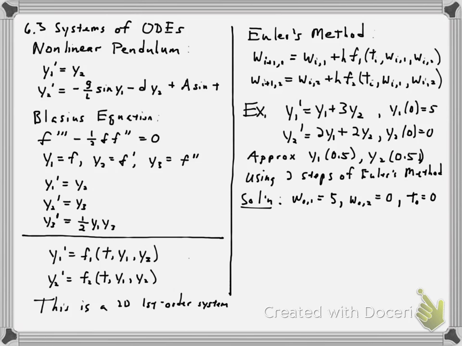So w1,1 equals w0,1 plus h times f1 of t0, w01, w02. Okay.